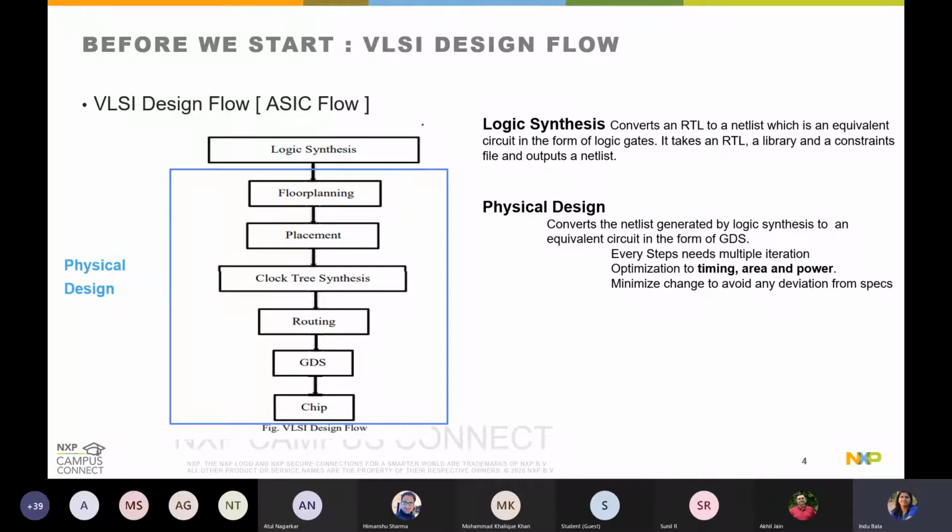As you know, the flow starts with logic synthesis, where you have your netlist, and you synthesize the netlist, and eventually you get an RTL with the library and constraint file, and the final output is basically a circuit netlist. At the logic synthesis stage, it looks like the PDK is not required, but when you convert that to logic gates, you need the PDK to develop those logic gates.